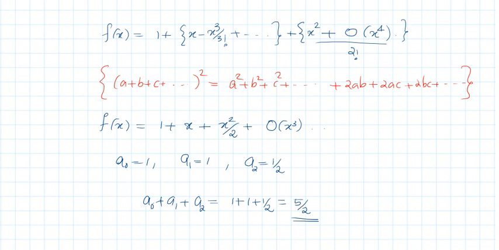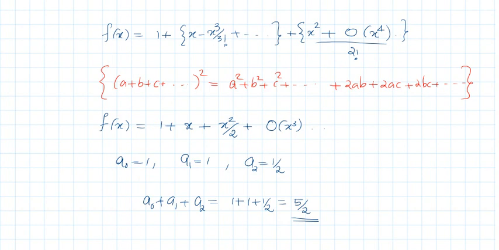f of x is equal to 1 plus, here you will have an x and here you have an x square by 2 plus the rest of the terms are of the order of x cube. O of x cube means of the order of x cube. Therefore, the coefficient a0 we can identify as 1. It is the coefficient of x raised to 0.